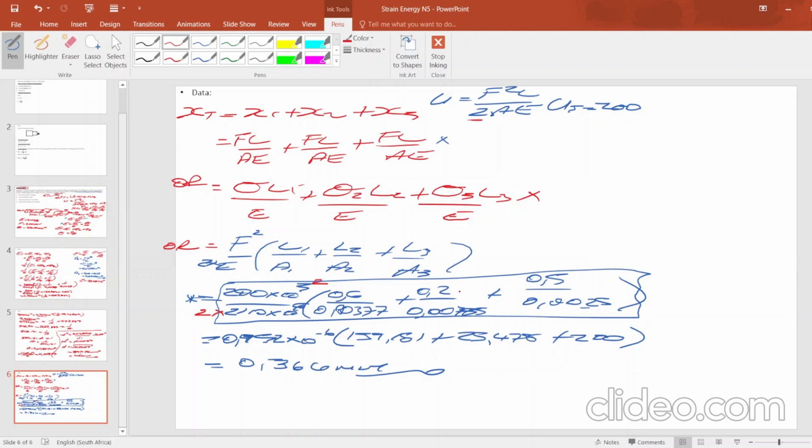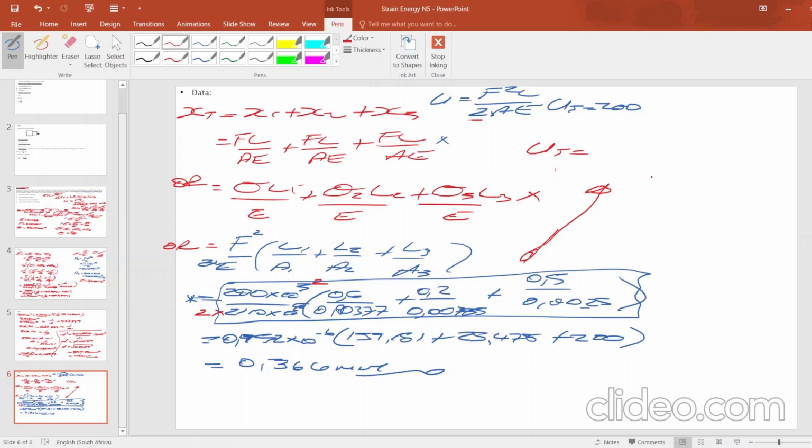Then from that formula, we have UT equals to. Please punch these things, but don't forget to put the F under square and multiply this one by 2.